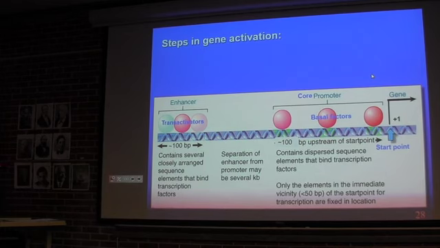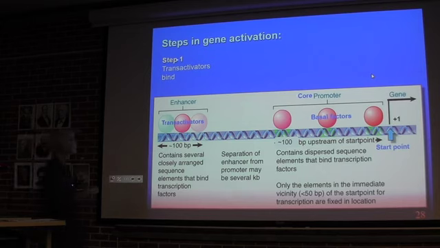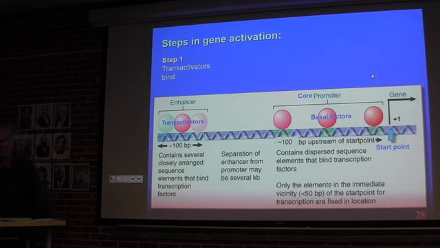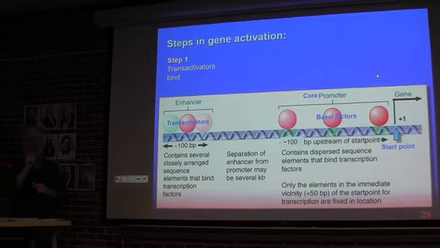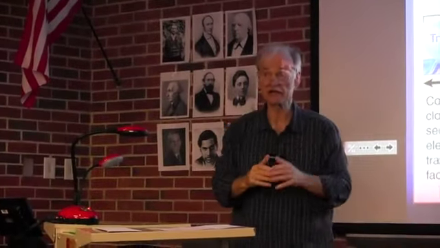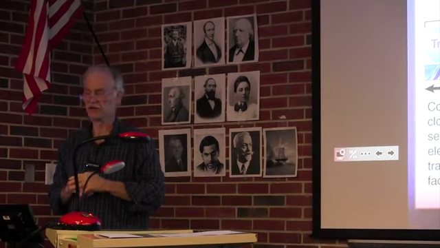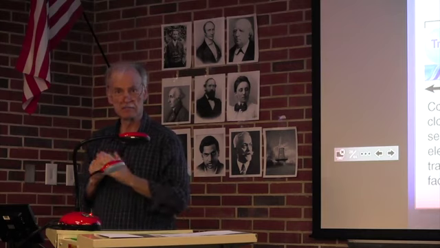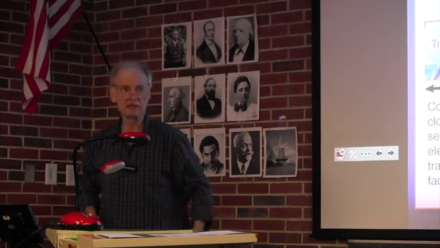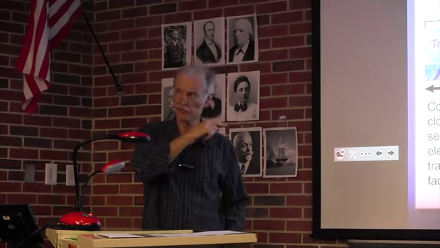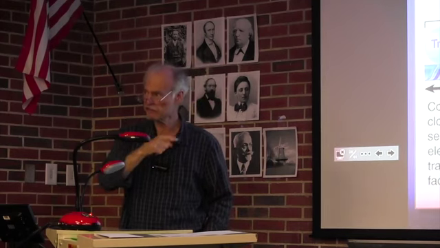Steps in gene activation. Pol II, this is what happens in your cat. Step 1, transactivators bind. What are they binding? What is the state of the DNA they're binding? Is it all wrapped up in nucleosomes, or is it spread out, beads on a string? There are several categories of transactivators, some of which have been called pioneering factors. These pioneer factors have the unique ability to recognize a promoter sequence when it's wrapped around the outside of a nucleosome.